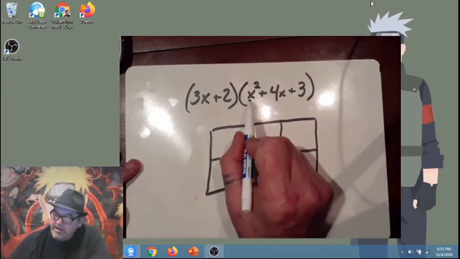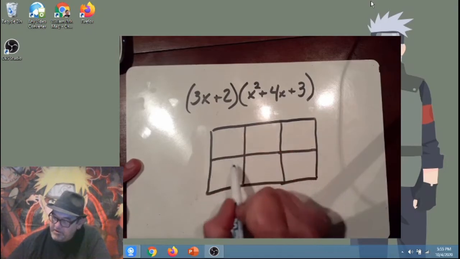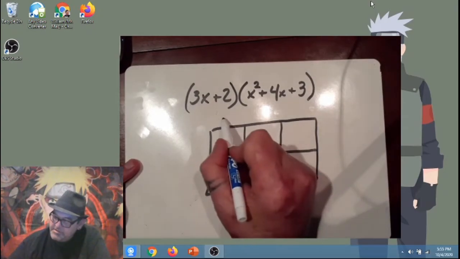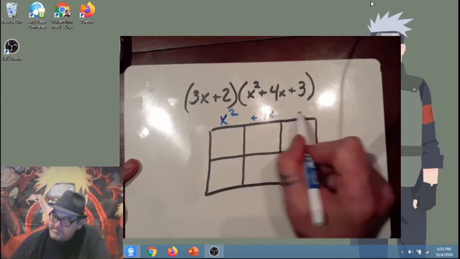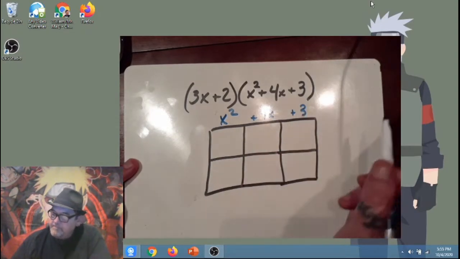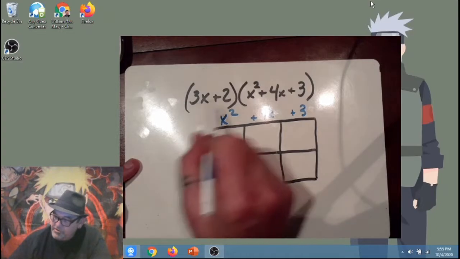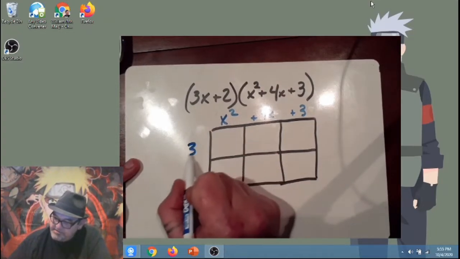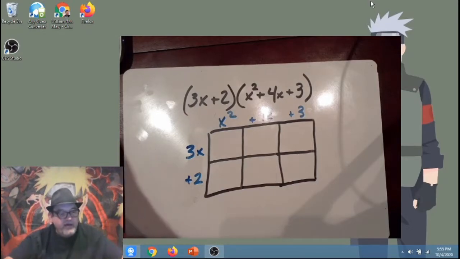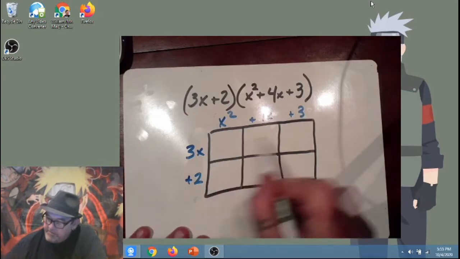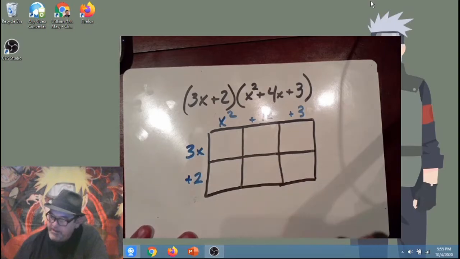So I'm going to go ahead and put these terms up here on top of these columns: x squared, positive 4x, positive 3. And then in these 2 rows, I'll put these terms, 3x, and then positive 2. Now I'm going to fill in my boxes by multiplying.